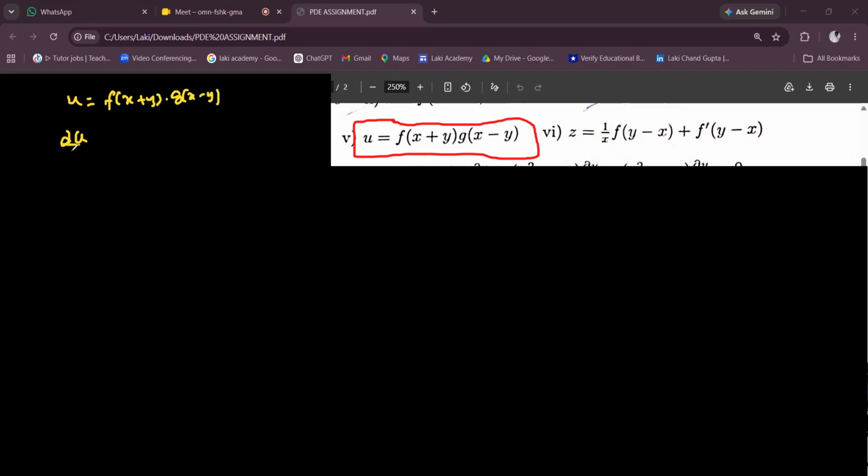Find del u by del x. What will you get? fxy, gxy plus fx plus, use the u into v rule, right? Yes. Find del u by del y.